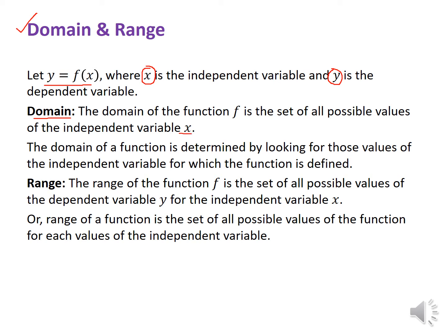The domain of a function is determined by looking for those values of the independent variable for which the function is defined. Now, the range of the function f is the set of all possible values of the dependent variable y for the values of the independent variable x.